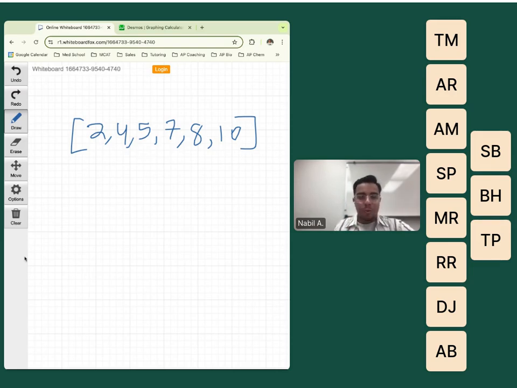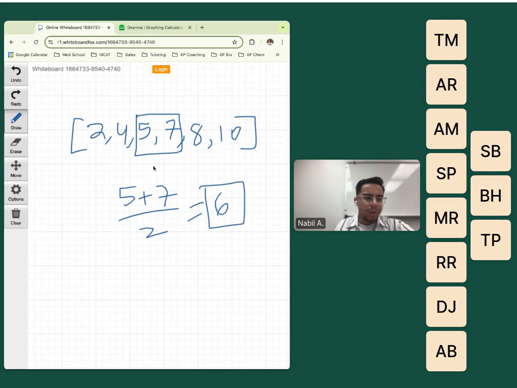And what would my median be this time? It will be 6 again. You'll basically take the average between these two: 5 plus 7 divided by 2. So 12 divided by 2 is equal to 6. Or basically just find the middle number between these two. So it'll be 6 again. Awesome.